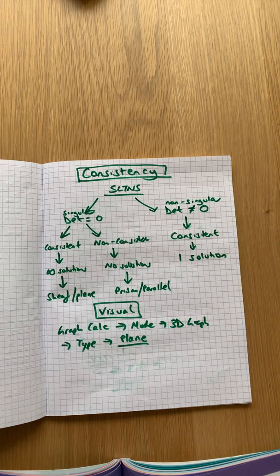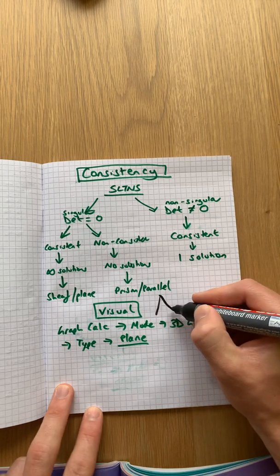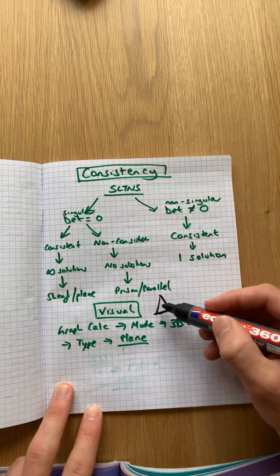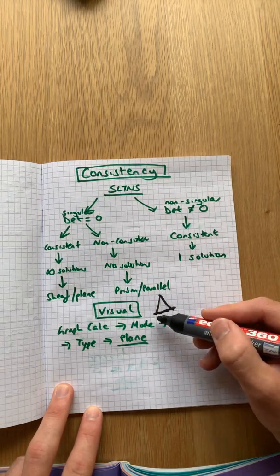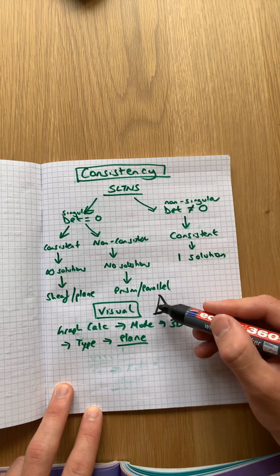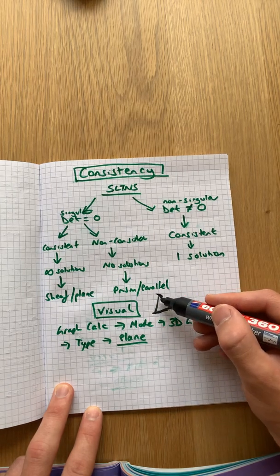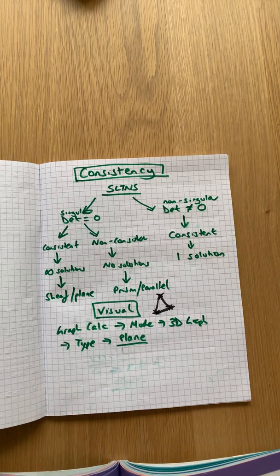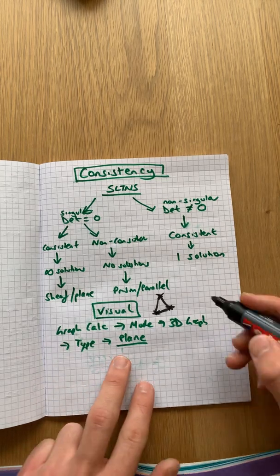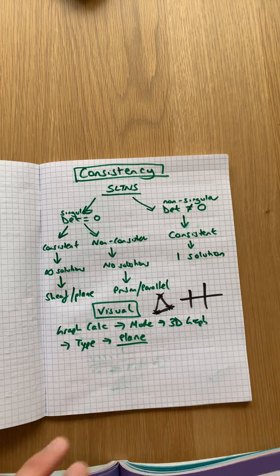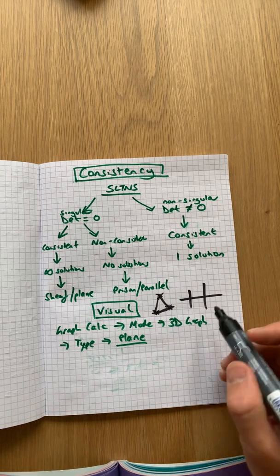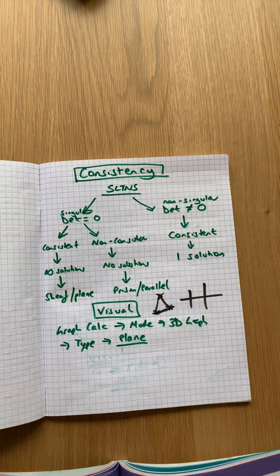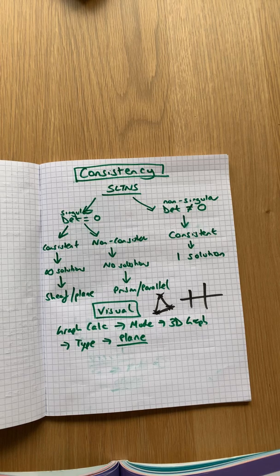If we have, for example, a triangular prism, obviously this is a 2D sketch of three dimensions, you can see there's no one point which satisfies all three planes. They join up as twos, obviously, but there's no point for all three. And the other option is parallel. If we have one parallel plane, again, there's not going to be a point where all three of them meet simultaneously.